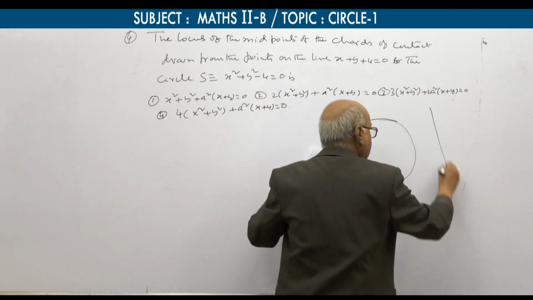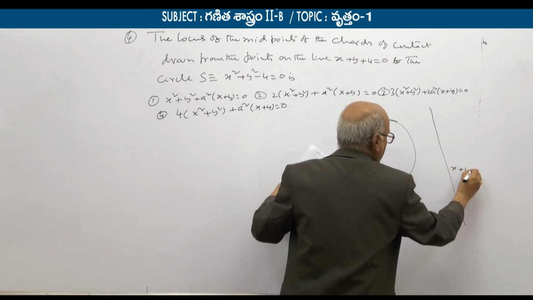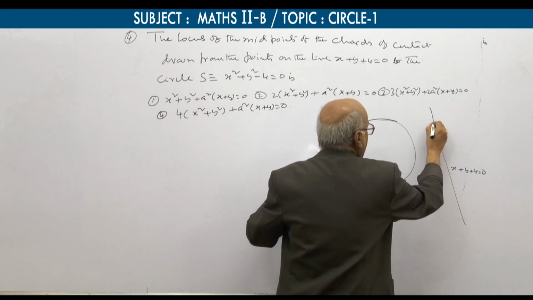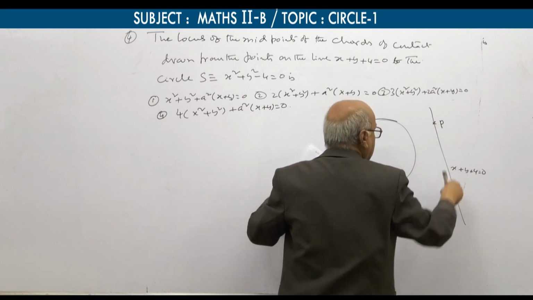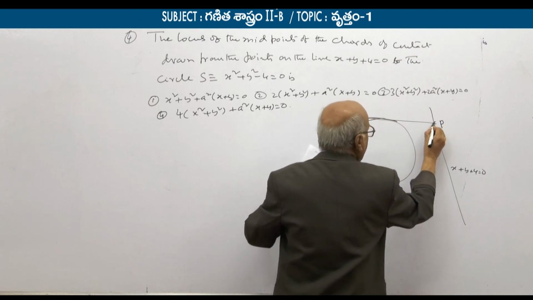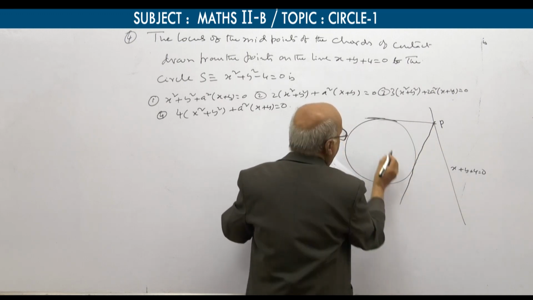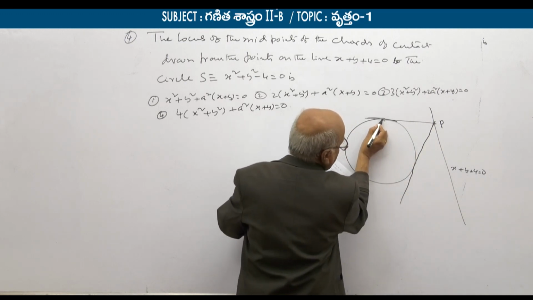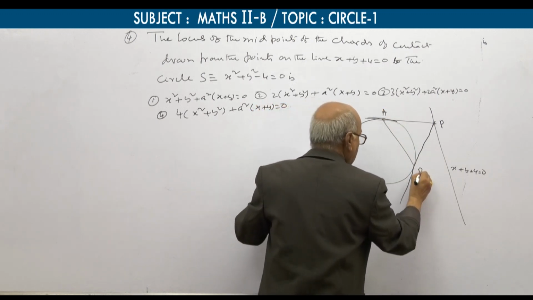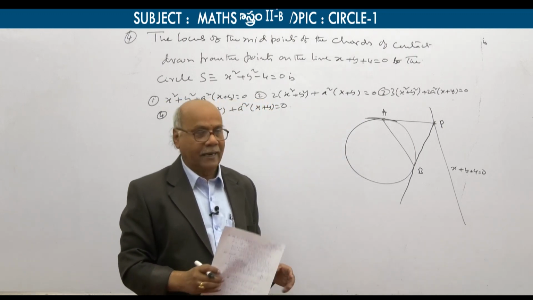So, now the problem, if you draw the diagram, you are given a circle and a line x plus y plus 4 equal to 0. From the points on the line we draw tangents to the circle and join the points of contact, which is called AB, the chord of contact.